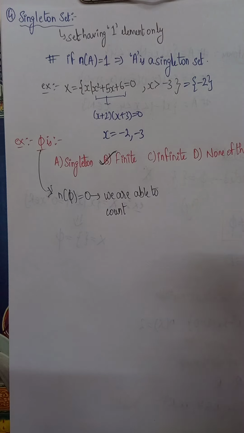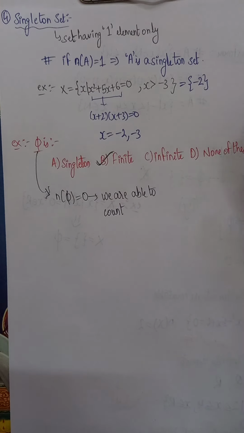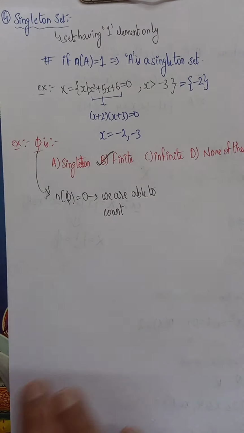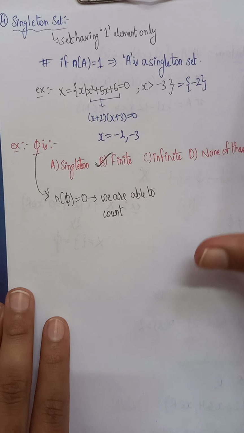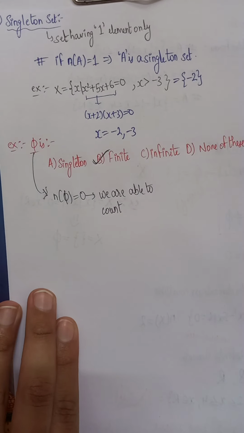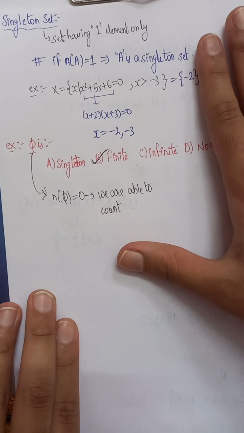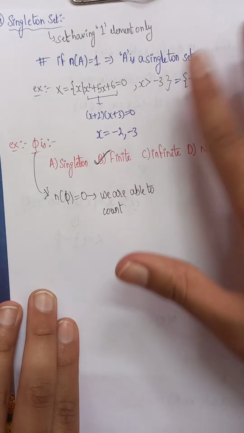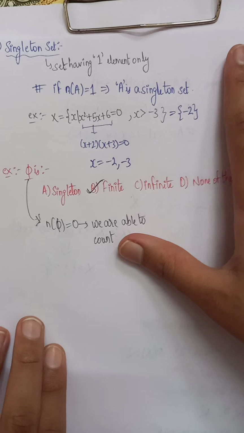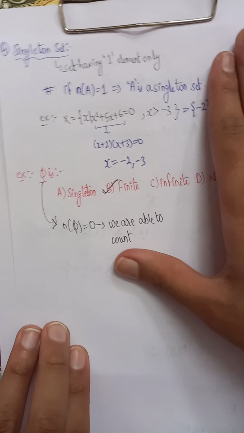It's not like no question from this chapter comes in JEE Mains. Yeah, they do come, but if you study the next chapter, relations and functions, many questions come in JEE Mains from that chapter, and this chapter will be used in that chapter too. So this chapter is kind of a base for that chapter. Okay, so please do revise it, and I hope that you understood all the concepts.